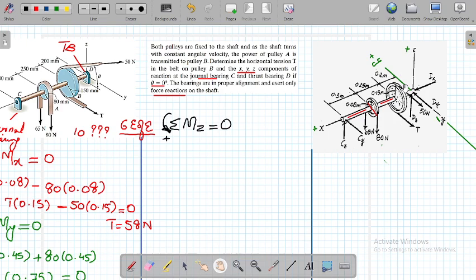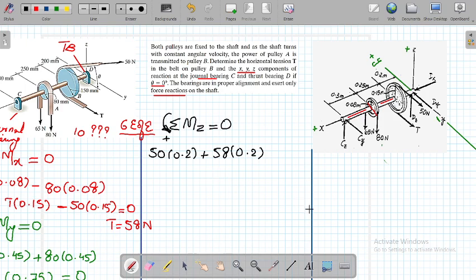Because of the same sense we can simplify our equation: the 50 Newton force times the moment arm 0.2, positive because they take the body in the anti-clockwise direction about the z-axis. And T was calculated as 58 Newton, so it will be again 58 times 0.2. This is calculated now. What about the Cy force?